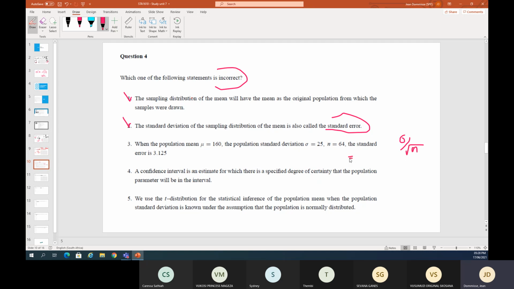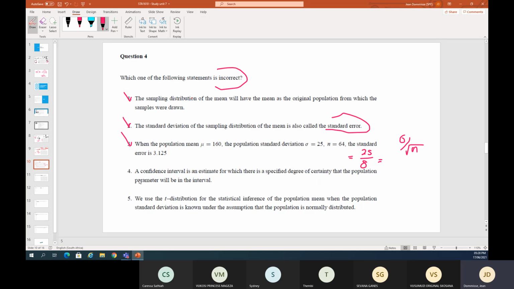It is basically 25 divided by the square root of 64, which is 8, so 25 divided by 8. I think it will give you the answer 3.125. Okay, so that one is also correct.